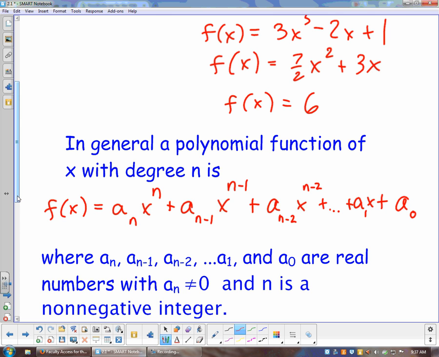Don't let this big long expression throw you off or confuse you. It's basically just a notational device for us to be able to talk about polynomials in general.